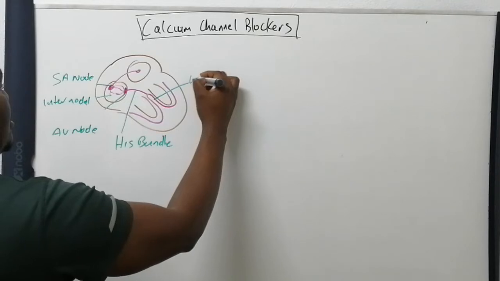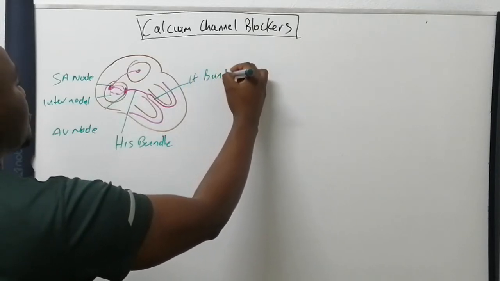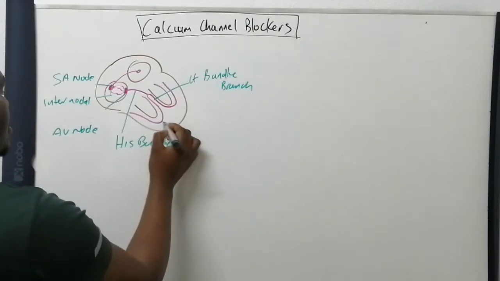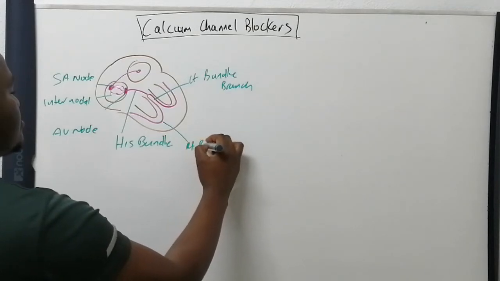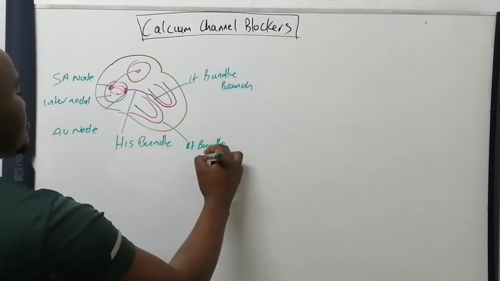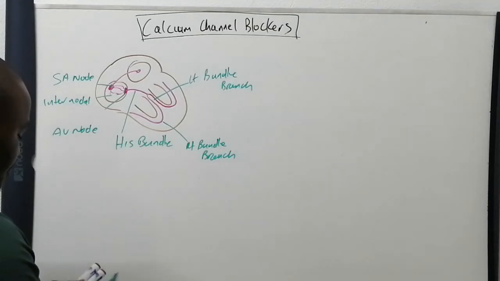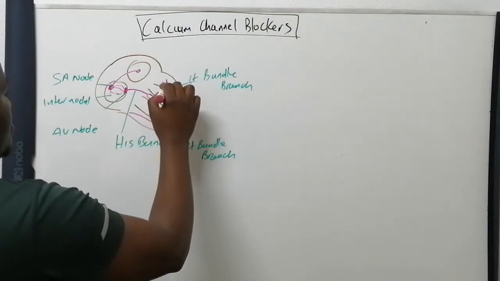This is the left bundle branch, and this is the right. And we know that there are small branches that actually penetrate the cardiomyocytes. They are called your Purkinje fibers.